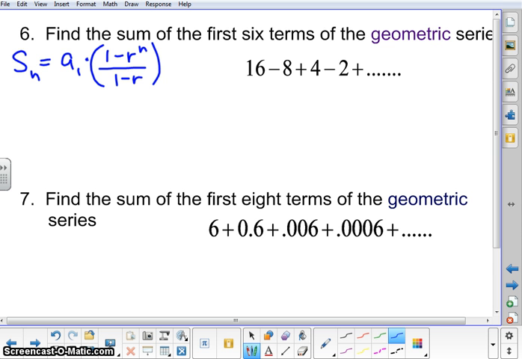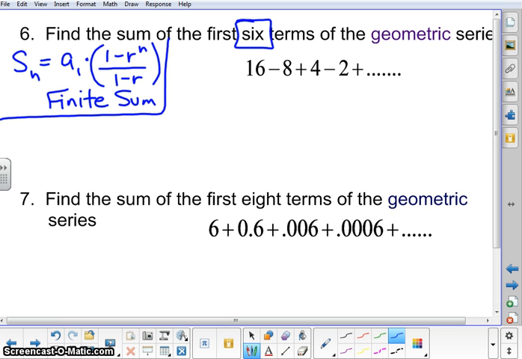Okay, so we consider this a finite sum. Okay, infinite would mean it goes on forever. Finite sum means you have an ending, because we want to find the first 6 terms of the sequence. Okay, so you need to know that.